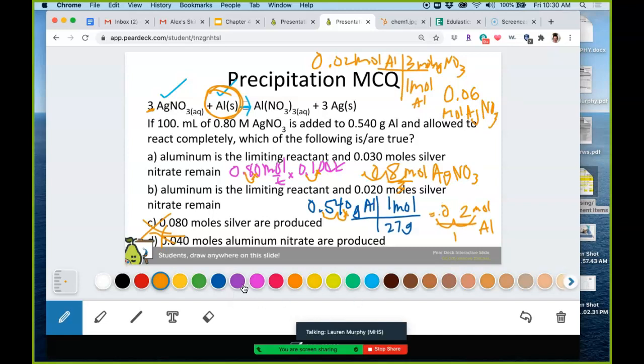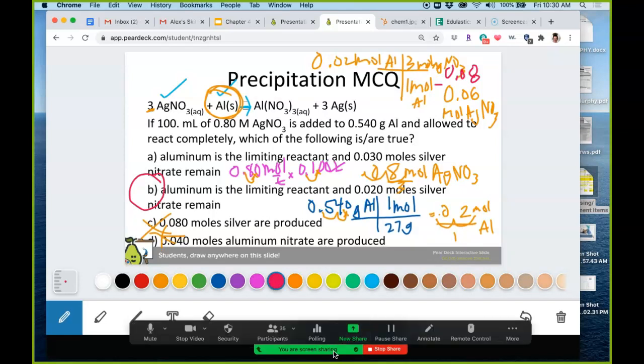Well, how much did I start off with? Well, I started off with 0.08 moles, right? So if you had 0.08 moles to begin with, and 0.06 moles react, you have 0.02 moles left over. So B is your answer. Whew. And without a calculator.